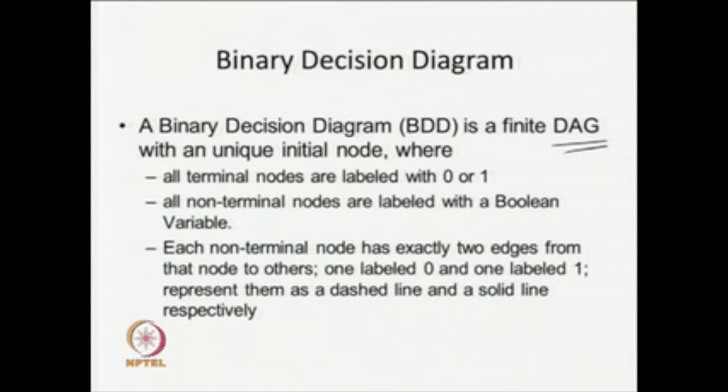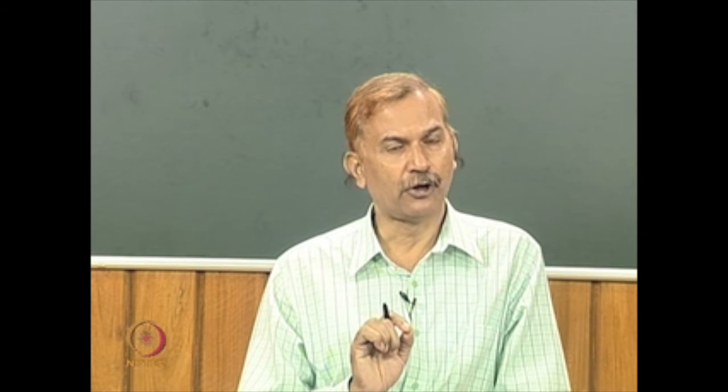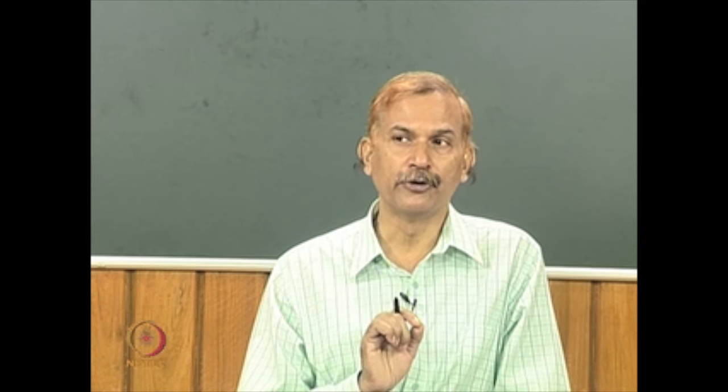So, what happens in BDD? We are saying that we are having terminal nodes and non-terminal nodes. In BDD also, we will be having terminal nodes and non-terminal nodes. Non-terminal nodes will be labeled by your Boolean variables. Terminal nodes will be labeled by Boolean values 1 or 0, and every non-terminal node is having two outgoing edges.